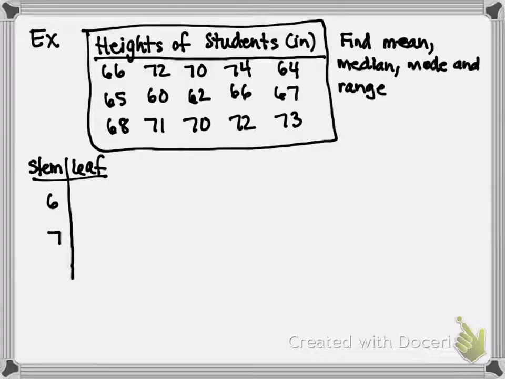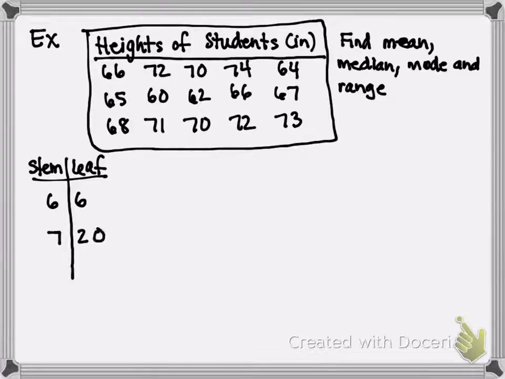Okay? What I'm going to do now is look just at the leaves. I'm not going to try to figure out how to put them in order. I'm just going to write them down as they show up. So the first number, 66, there's a leaf, the ones digit of 6. 72 has a leaf of 2. So 6 means 66, 7 | 2 means 72.